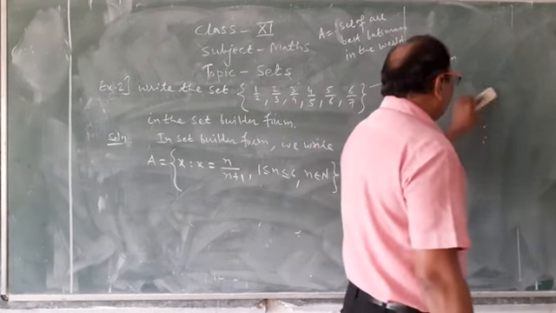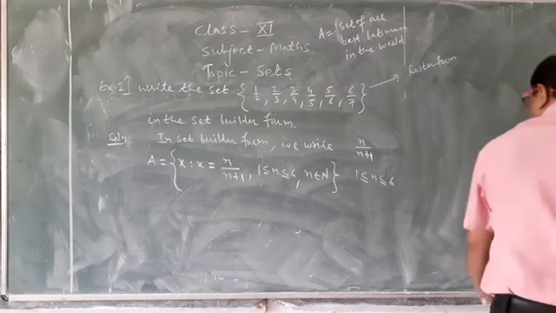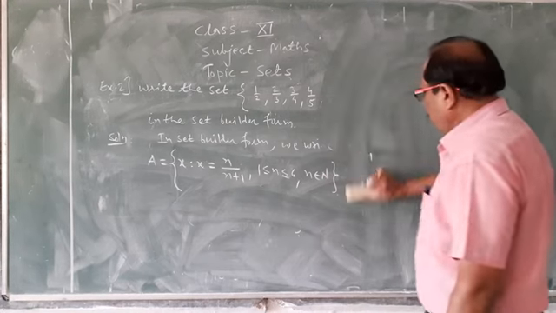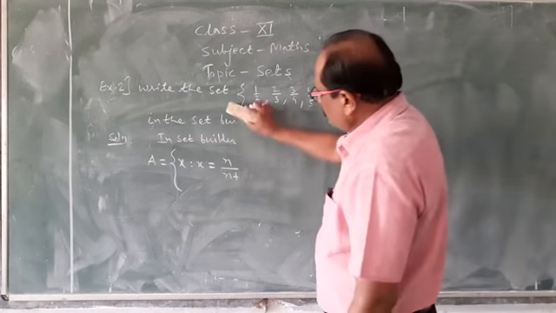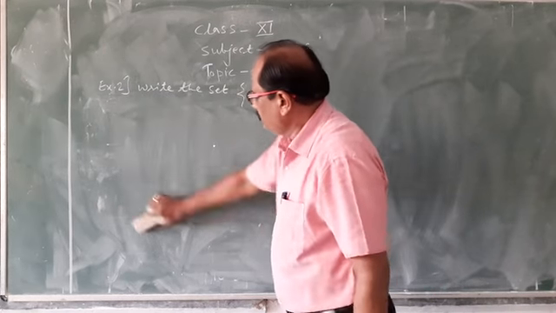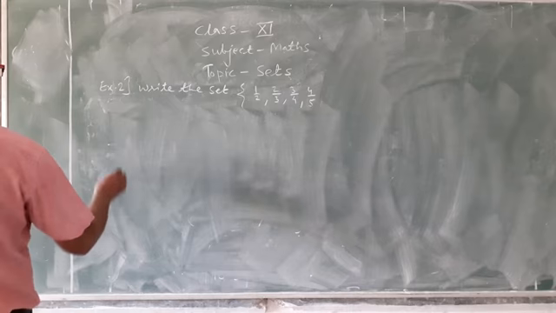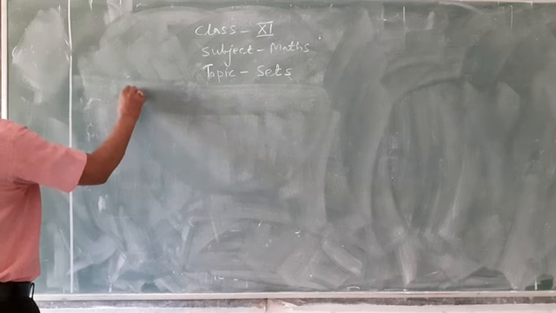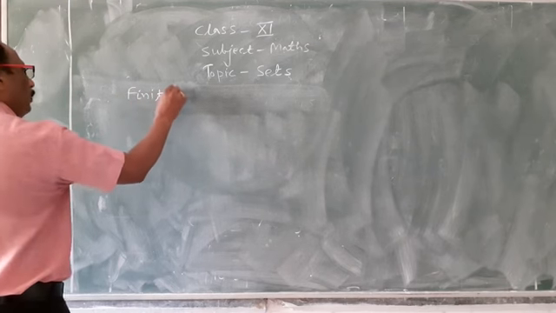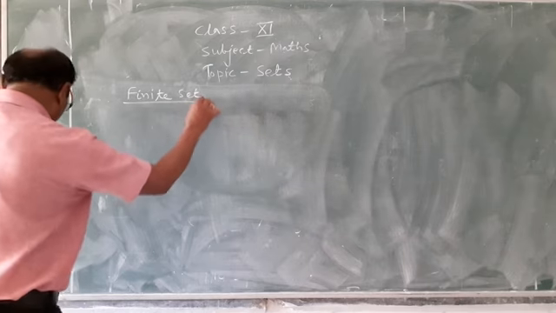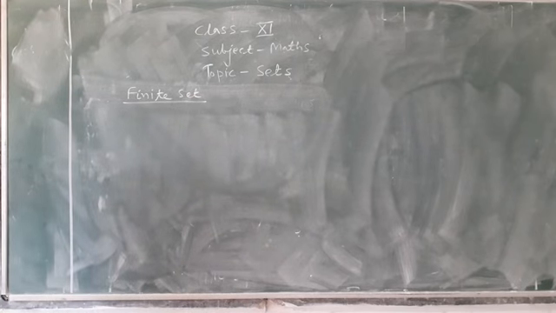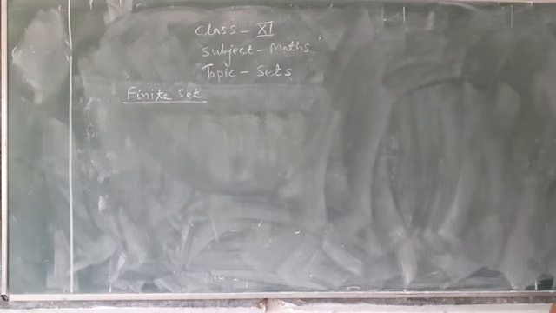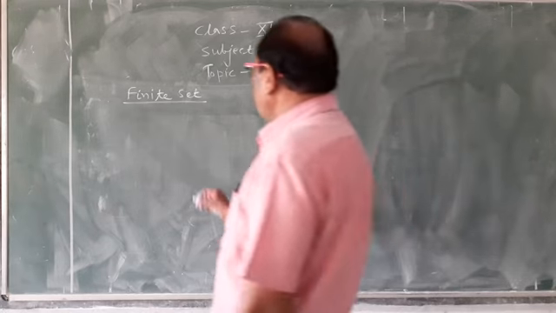Then the next term is finite set. Finite set means the elements of the set should be countable. We take one example.